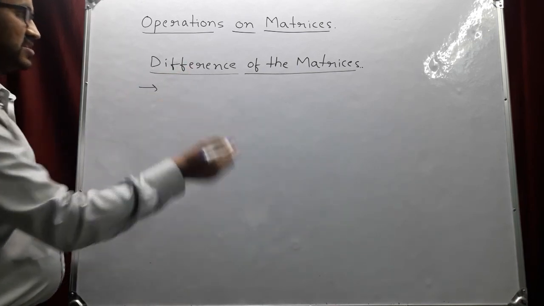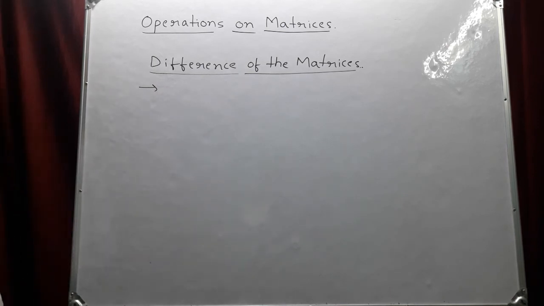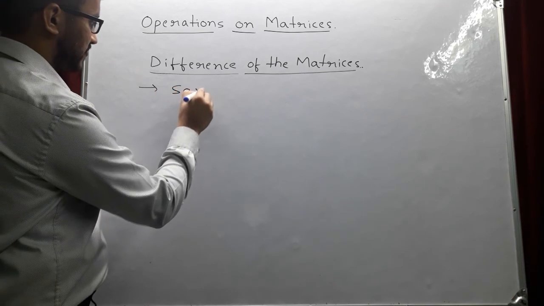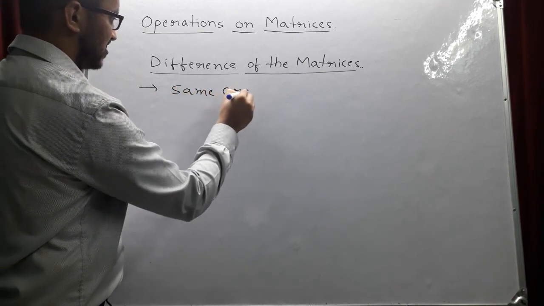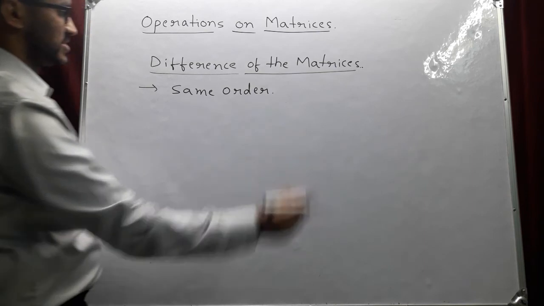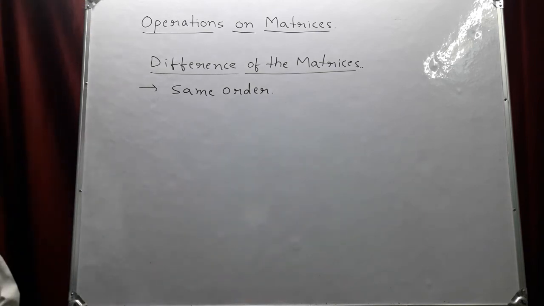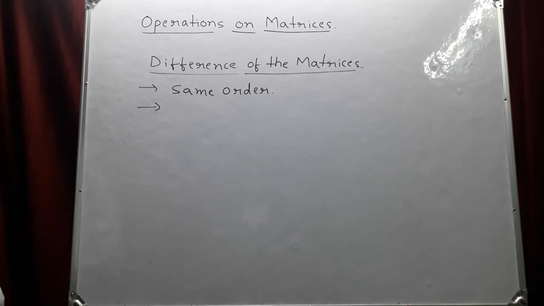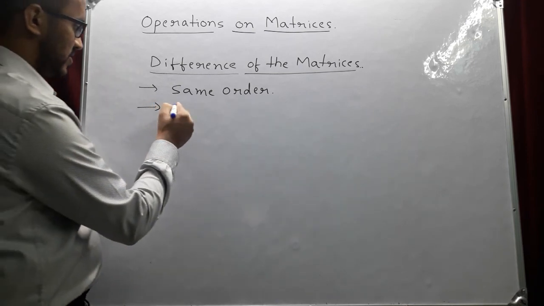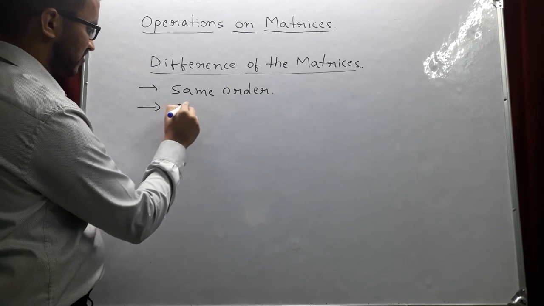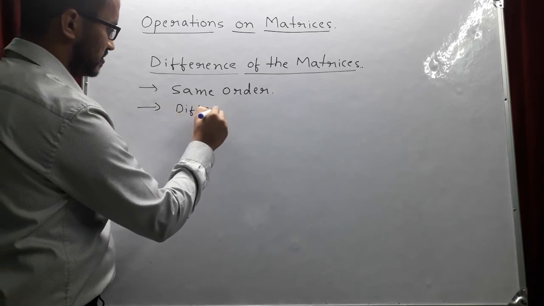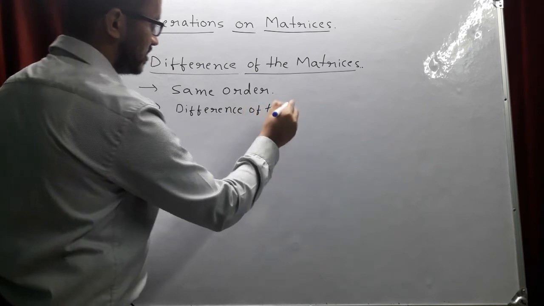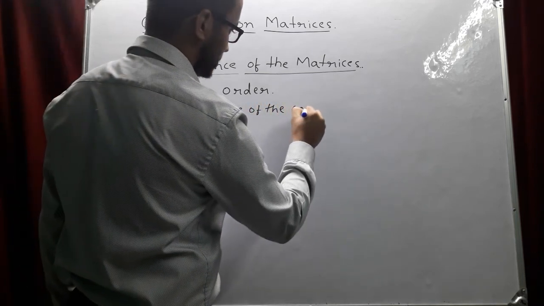We can find the difference of the given matrices if they are of the same order. The order of the given matrices should be the same. Second, we have to find the difference of the corresponding elements.